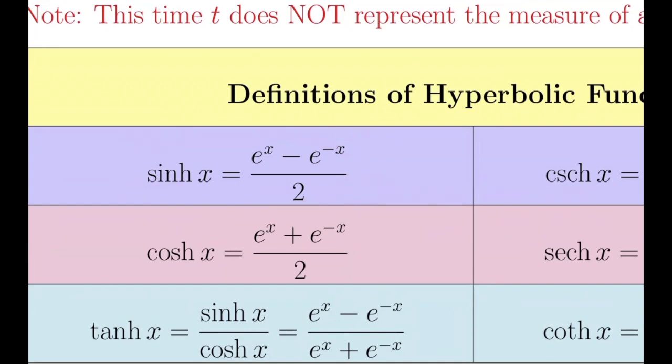And it's defined as e to the x minus e to the negative x divided by 2. Notice how this is a combination of the increasing exponential function and the decreasing exponential function. So I guess someone wanted to see what would happen if you combine this increasing exponential with this decreasing exponential and subtract them and average them out in a way. And they ended up calling that sinh of x.